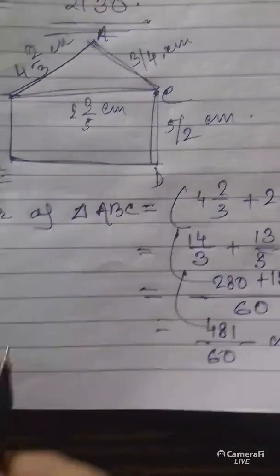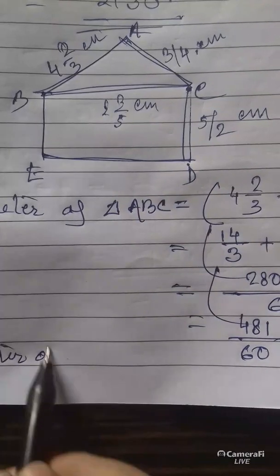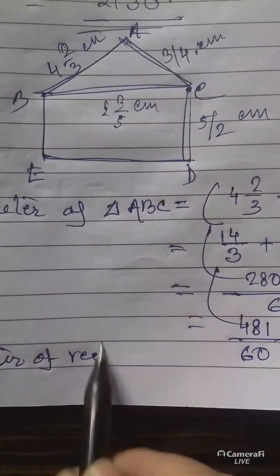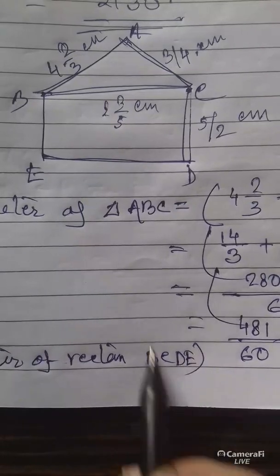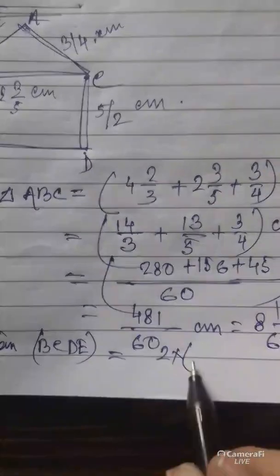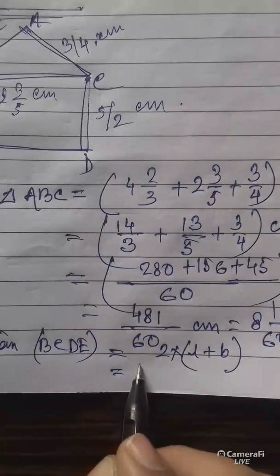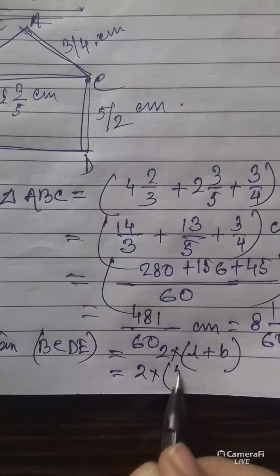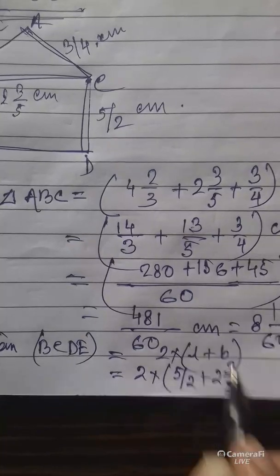And the perimeter of rectangle BCDE, we know that perimeter of rectangle is 2 into L plus B. 2 into 5 by 2 plus 2 whole 3 by 5.